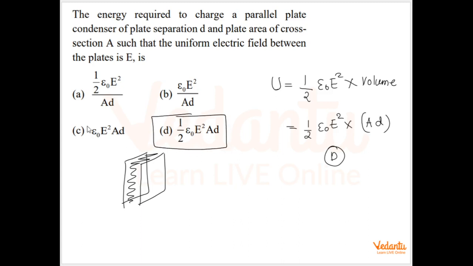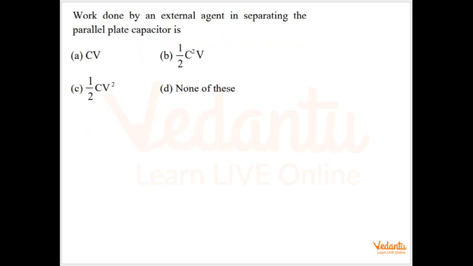Look at this question. We have to calculate the work done by external agent in separating the parallel plate capacitor. In this case, what you should understand is that the work done by the external agent will be nothing but the final energy stored in the capacitor minus the initial energy stored in the capacitor.